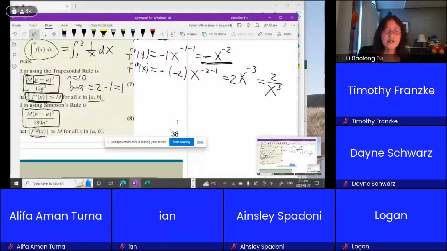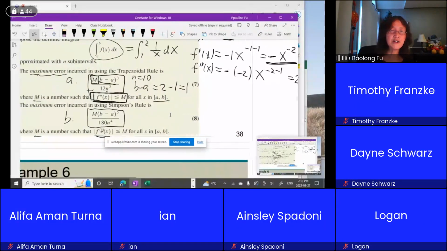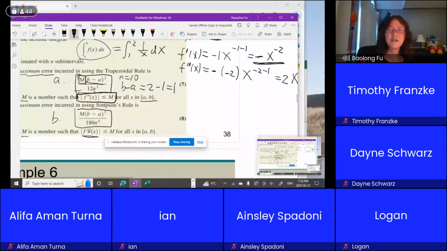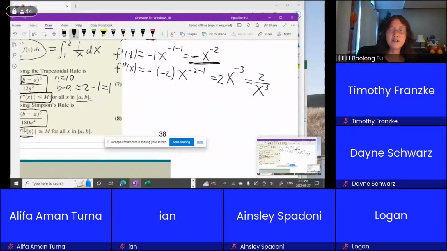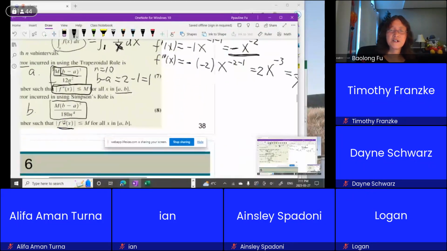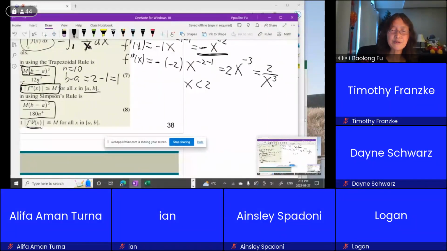The purpose of finding the second derivative is to find capital M. We want to know this second derivative is smaller or equal to which number. To do that, recall what the x value is. x changes from 1 to 2, so x is between 1 and 2.